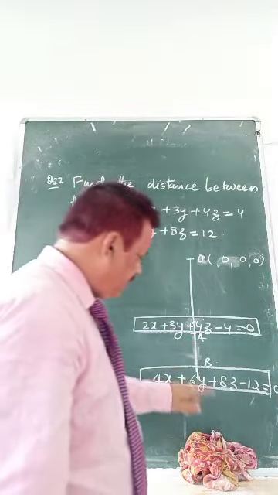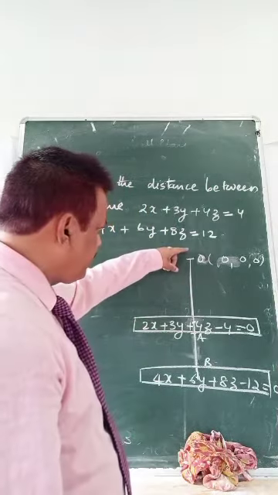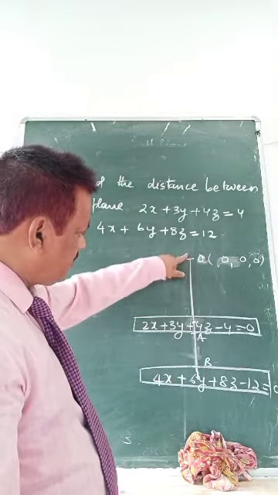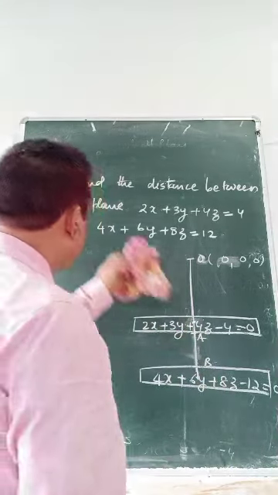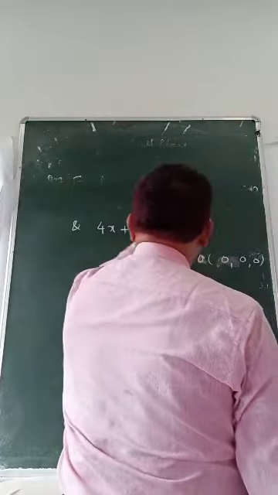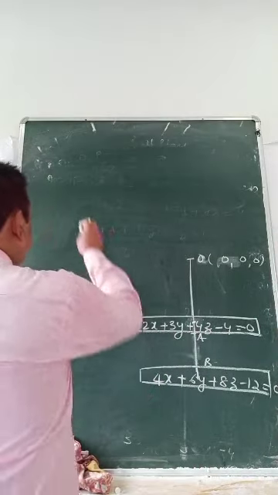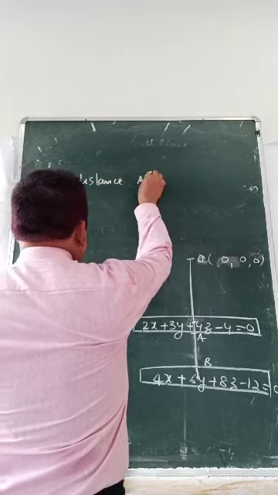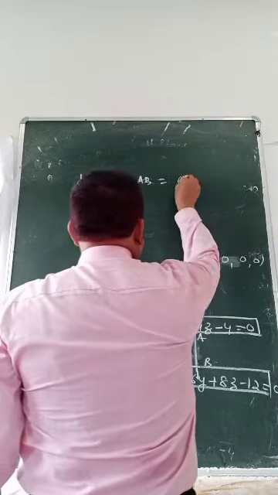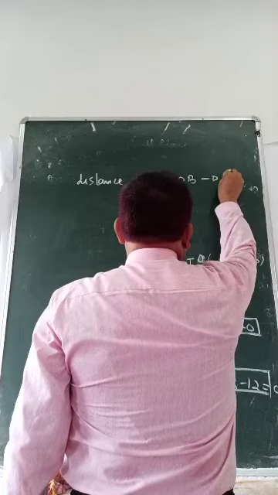So finding AB means the distance of the second plane from the origin minus the first, OB minus OA. So distance AB equals OB minus OA.